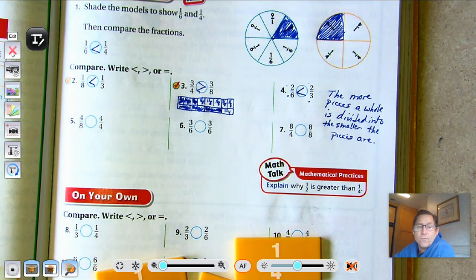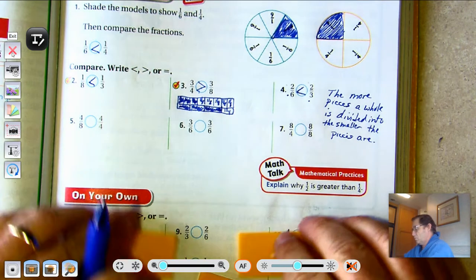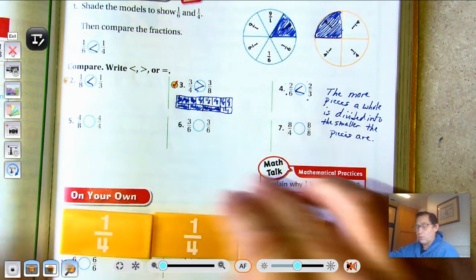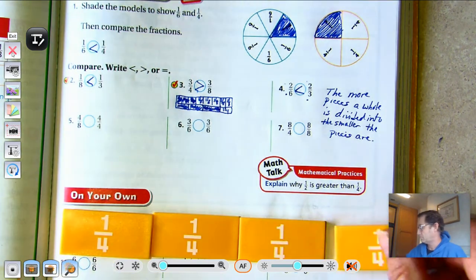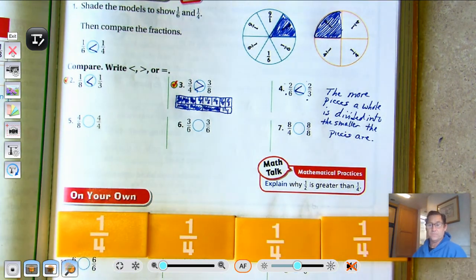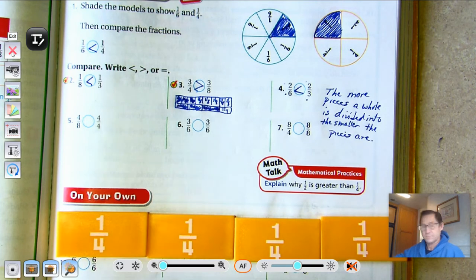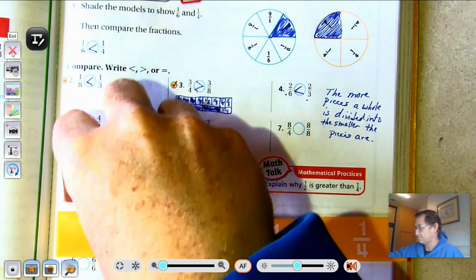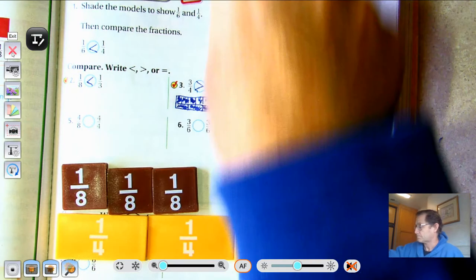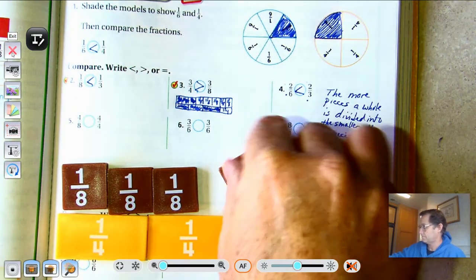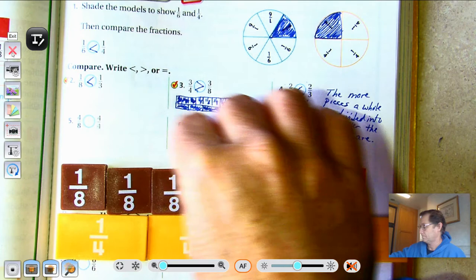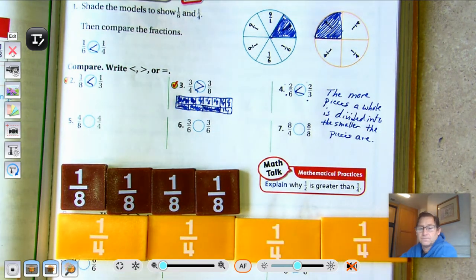All right, how about 4/8 compared to 4/4? Well, 4/4, that's 1 whole, right? So 4/4 compared to 4/8. No, 4/4 is a lot larger, right?